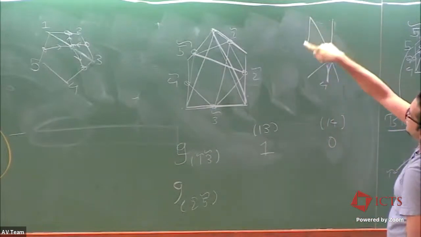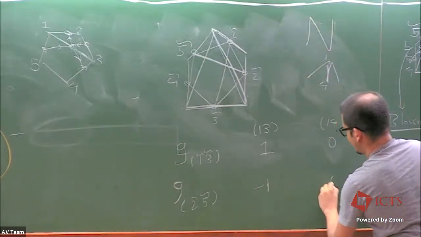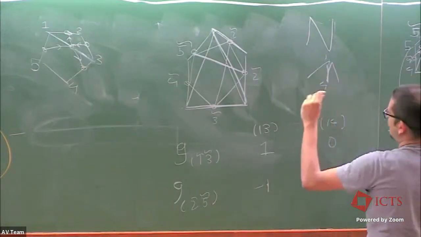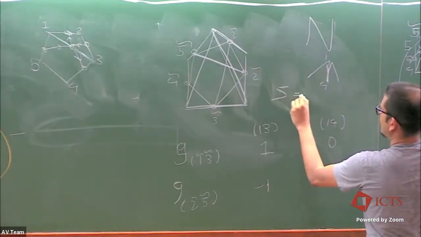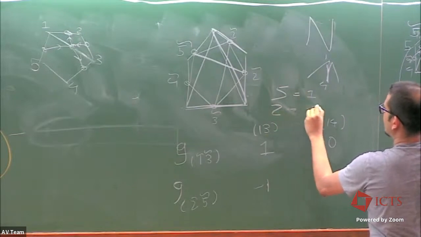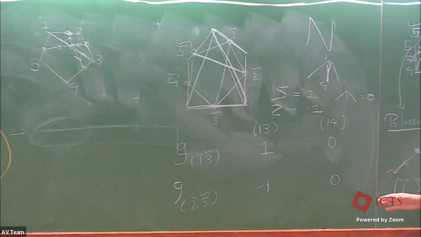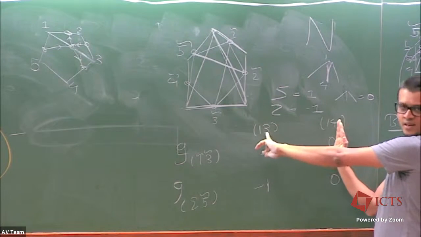When it intersects in Z, it's -1. So this is -1, 0. For inverse Z, it's 1. For Z, it's -1. And for W, it's 0. And if it doesn't intersect, obviously it's 0. So you can write G vectors in this basis, where the basis is given by the reference dissection.